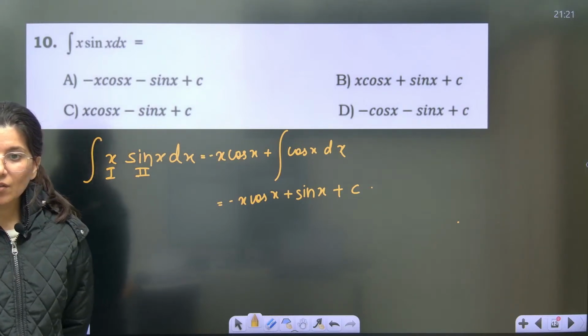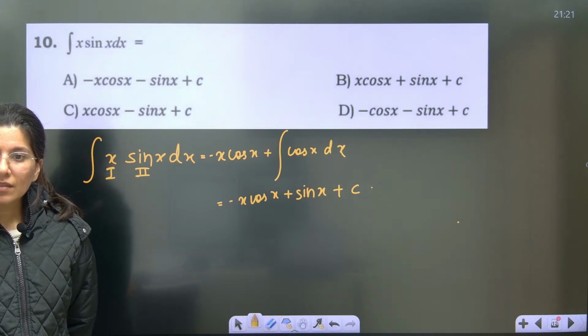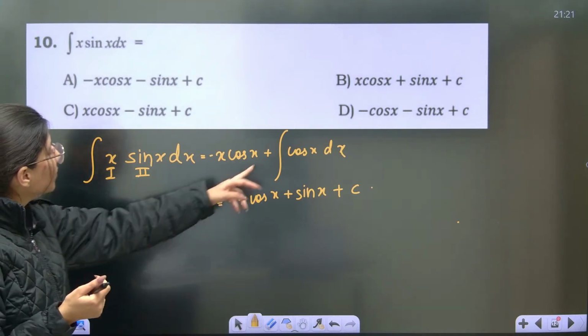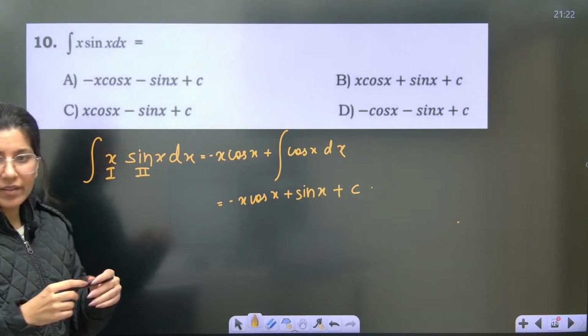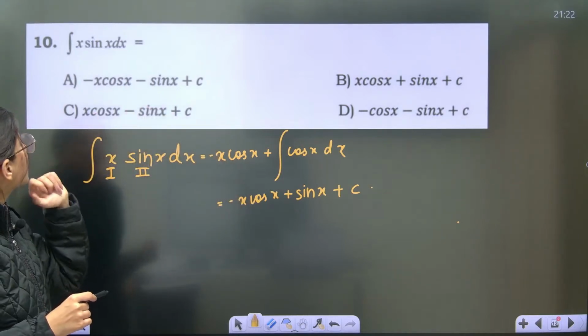Am I doing anything wrong? Integration of sin x is minus cos x. Yes, I did that. Now, so minus became integration cos x. I think I need to check this, right? Option A is not matching because this should be plus.